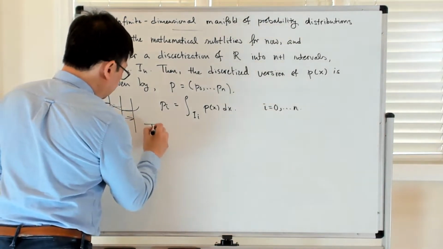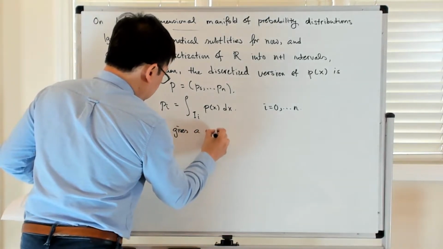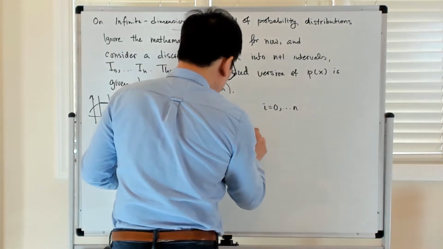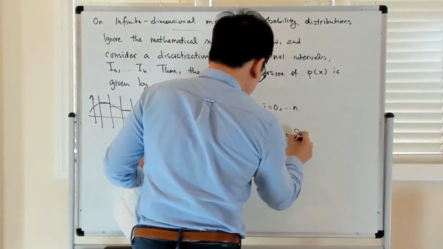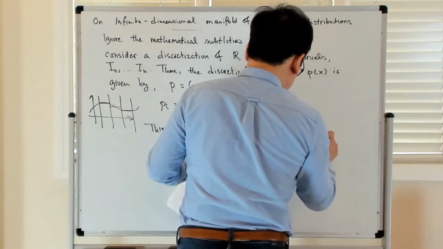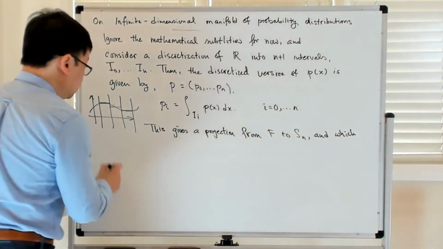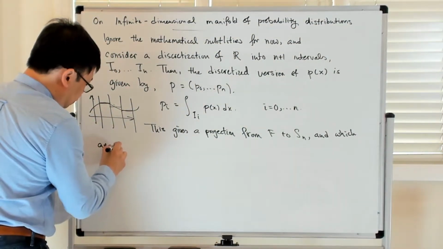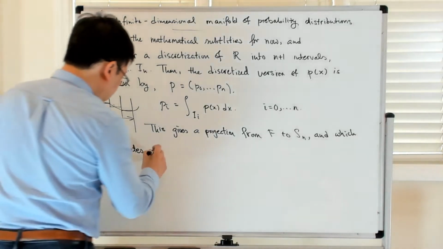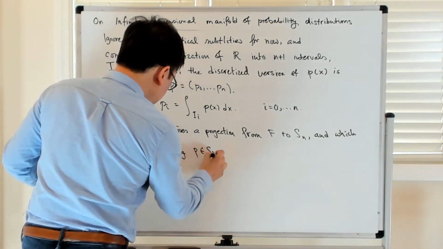Okay, so this gives a projection from F to Sn, which approximates p(x) by P in Sn.